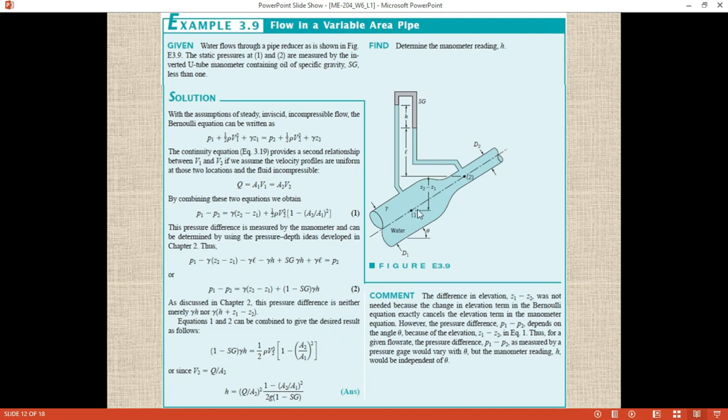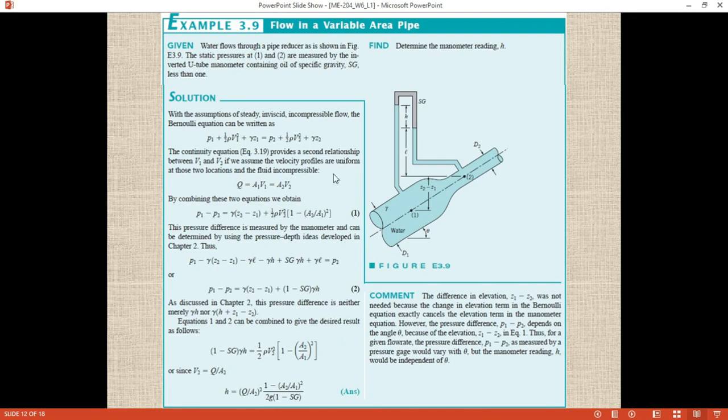First we will find the pressure at point 1 and point 2 using the Bernoulli equation, and then whatever value we find we will equate with the equation of the U-tube manometer, because the pressure difference P1 minus P2 is equal to the height of the column. In the Bernoulli equation, P1 minus P2 is equal to the difference of velocities and the difference of elevations as well, because the pipe is making some angle theta.